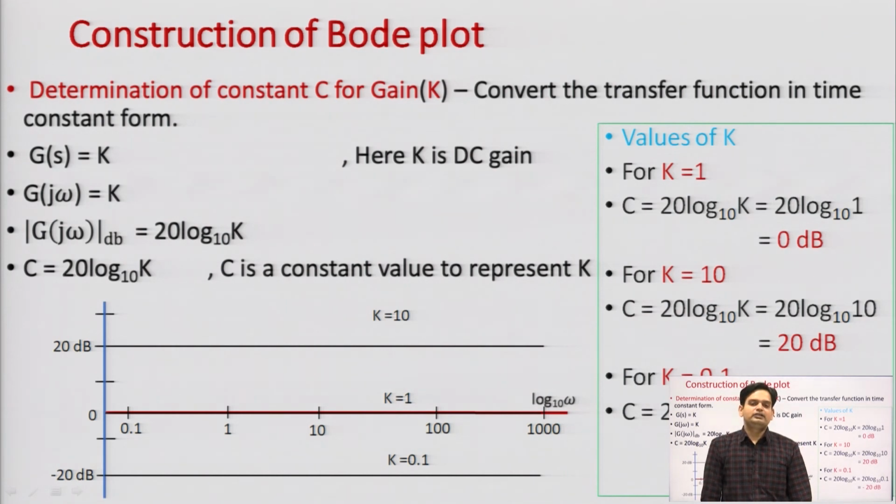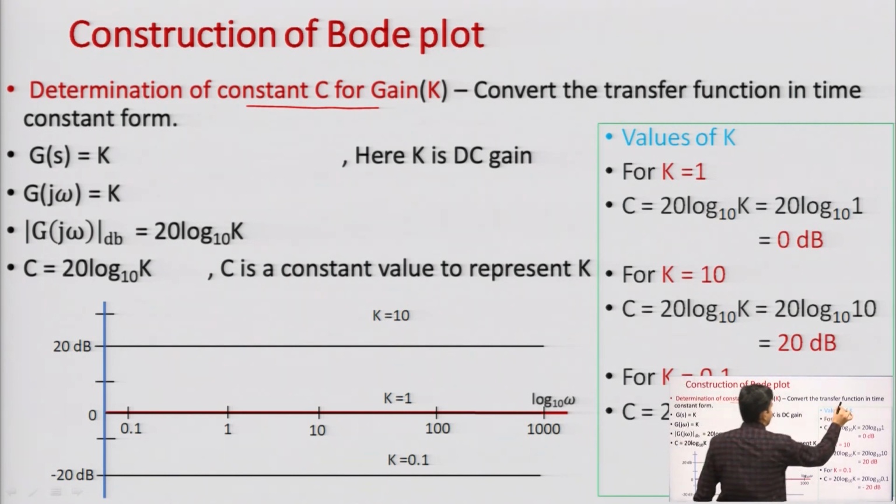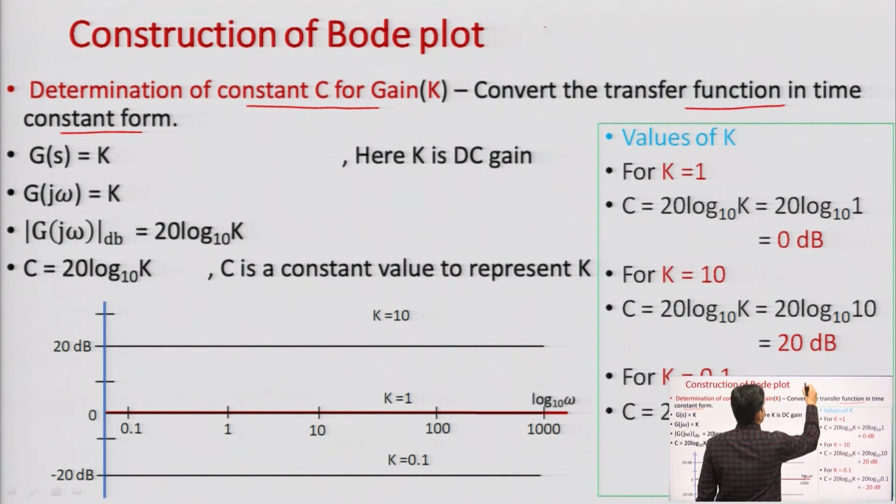Now, we would like to see the construction of the Bode plot, how we can do the magnitude and phase plot. First we will discuss how to do the magnitude plot, then we will go for the phase plot. Okay. So, here the first step is we need to determine the gain constant or constant k. So, we need to convert our transfer function into time constant form, that is, 1 plus s T form.